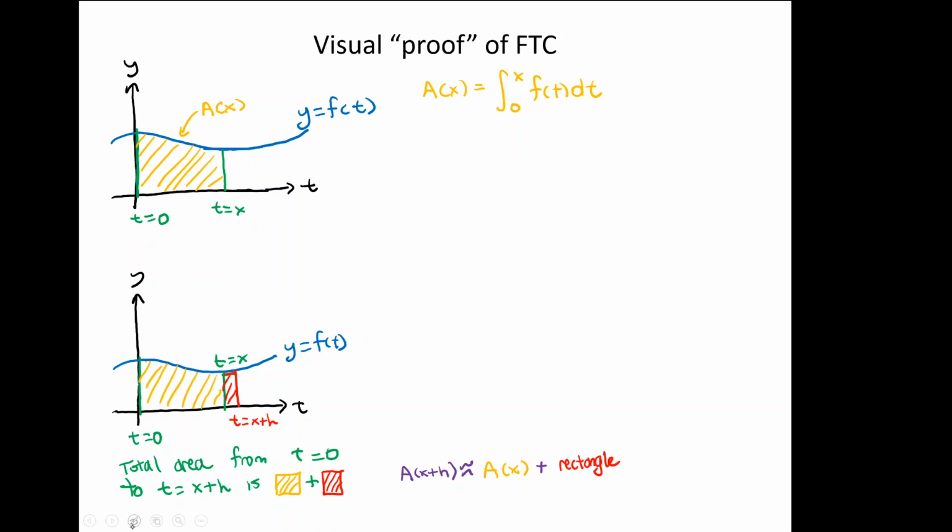And think back to section 5.1, how we calculated the width and the height of the rectangle. So we have A of x plus base times height.